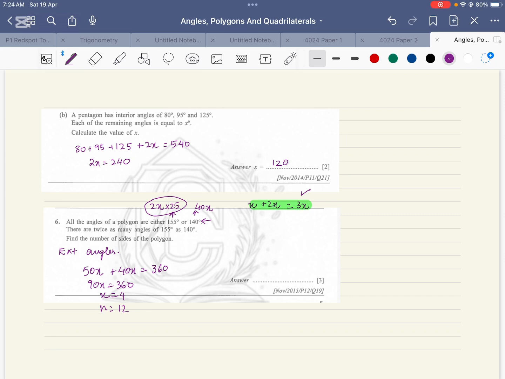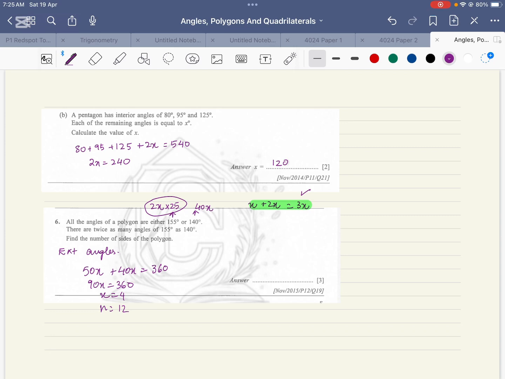If we use interior angles, then we are going to use the sum of interior angles. The number of 155 angles is 2x.